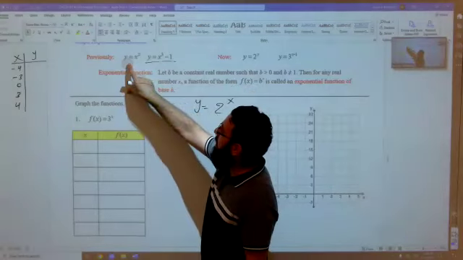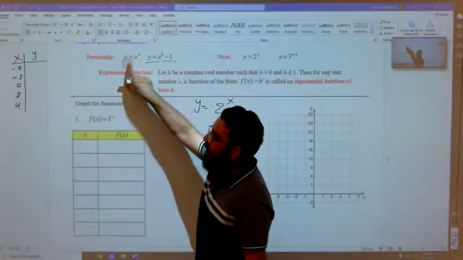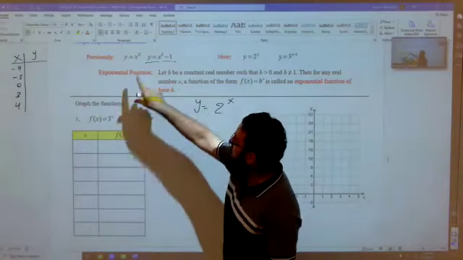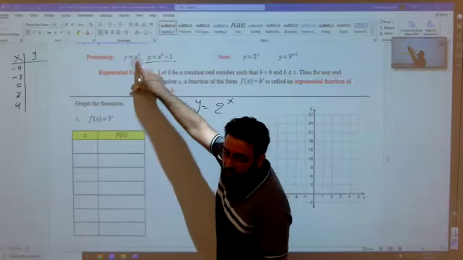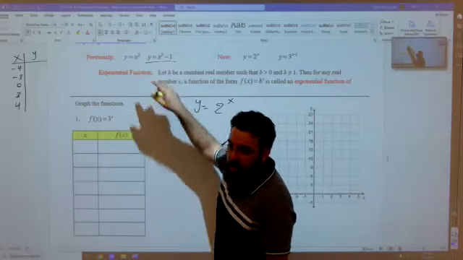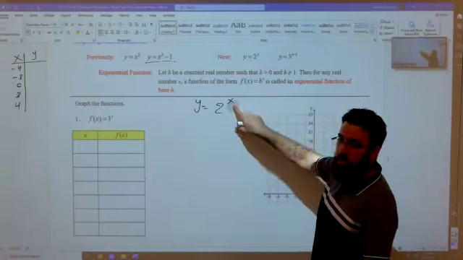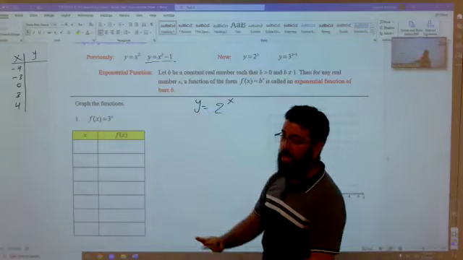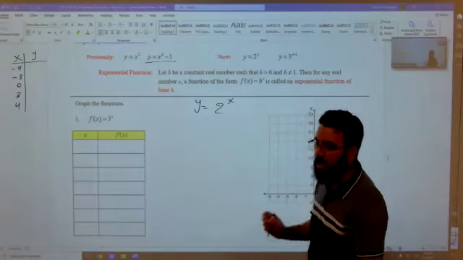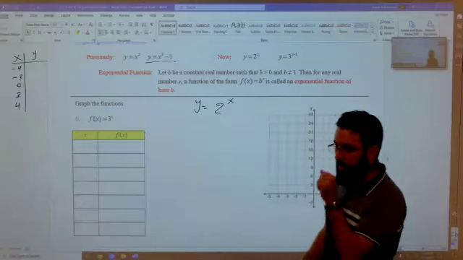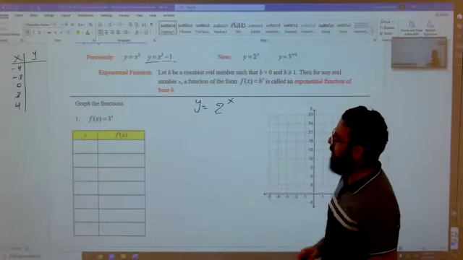This one is called quadratic, or linear, because the variable is not an exponent. Here, the variable is an exponent, so that's different. As a technique, it's the same: choose the value of x, plug in to get the value of y, and then graph it.